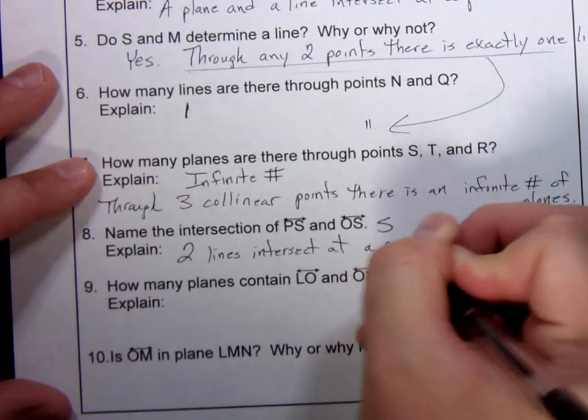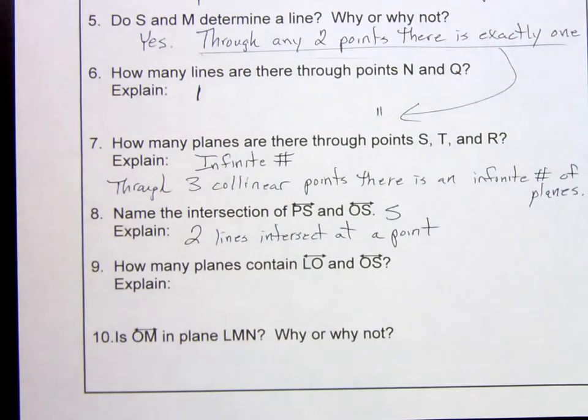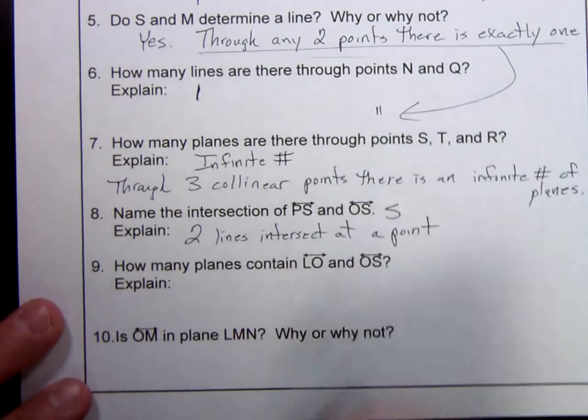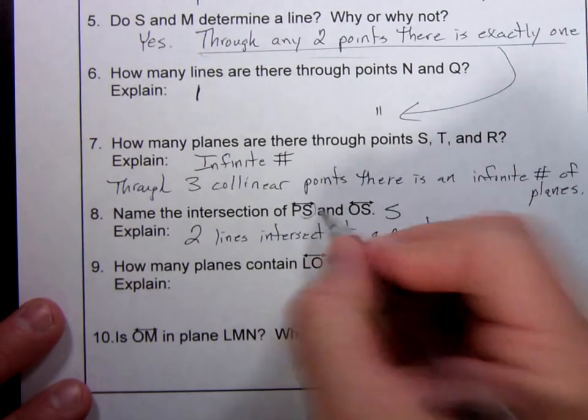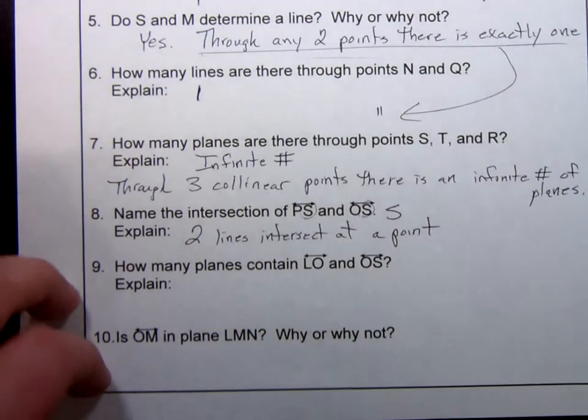If 2 lines are going to intersect, they always intersect at one point. They can be parallel lines and never intersect, but if 2 lines intersect, if they're not parallel, they're going to intersect, and when they intersect, it's always at a point. 2 lines intersect at a point. And you'll notice, even looking at the names of the lines, and this doesn't always work, but they're sharing a point. That shared point is where they intersect.